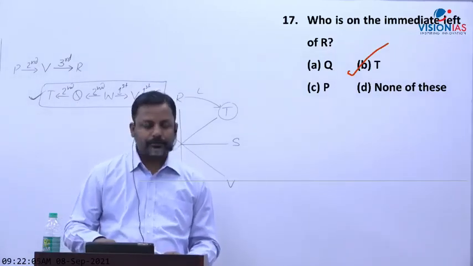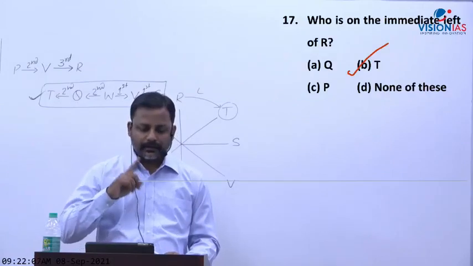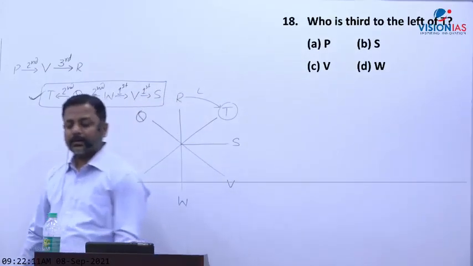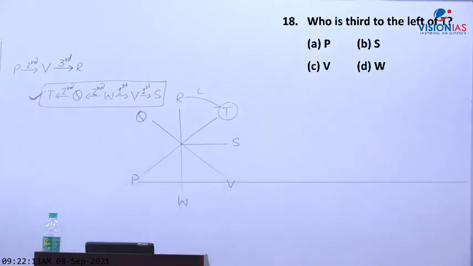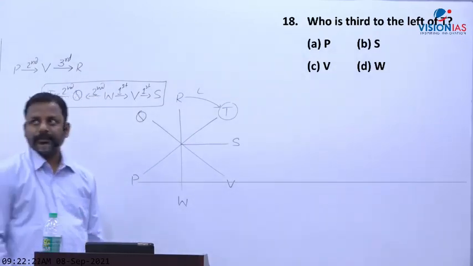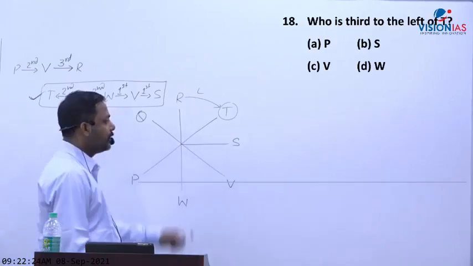Okay, Dipanshu. So let's move to the next question now. Who is third to the left of T? Left means the clockwise direction.